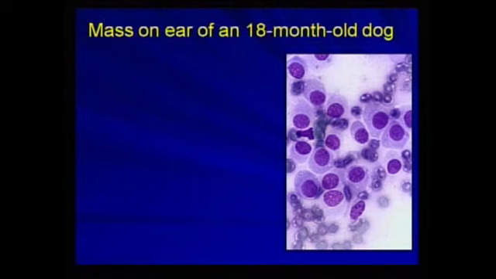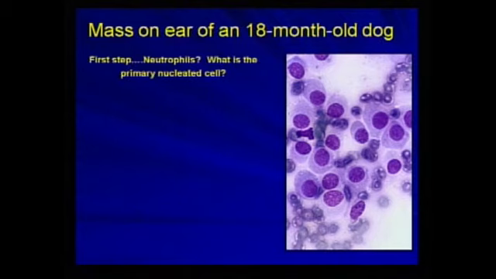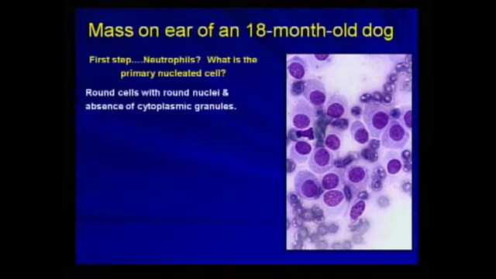They generally have eccentric nuclei with a dark chromatin pattern and a moderate amount of lightly basophilic cytoplasm. As we said before, monomorphic population, neutrophils, there are no granules here.